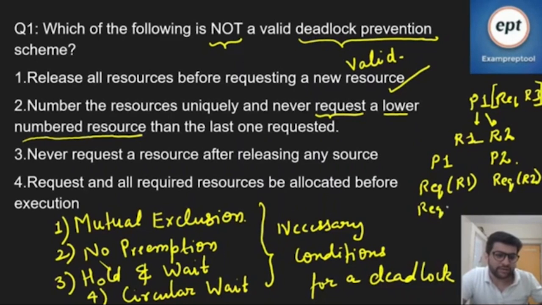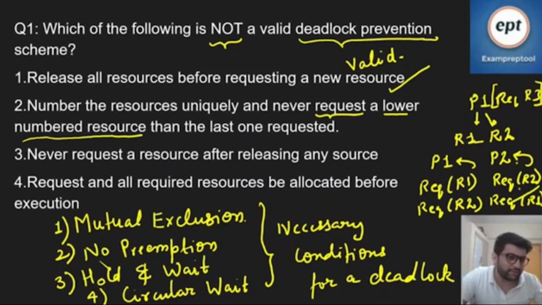Now P1 wants the resource R2 and P2 wants the resource R1. If P1 gets the resource R1 and P2 gets the resource R2, since we are not allowing a request to a lower numbered resource, P2 cannot request R1. Hence, we are avoiding the circular wait condition. Hence, this is also a valid deadlock prevention scheme.